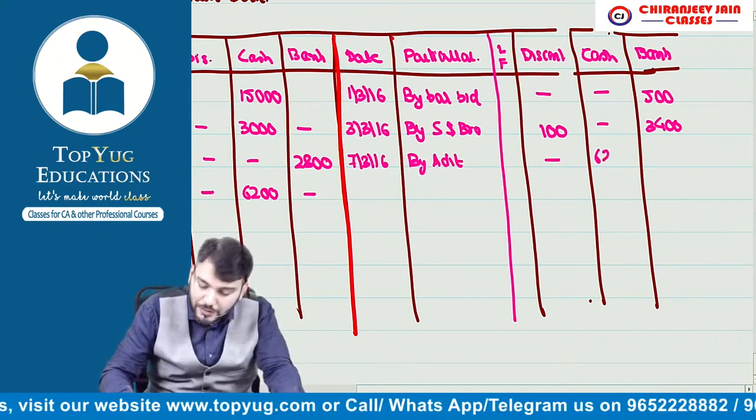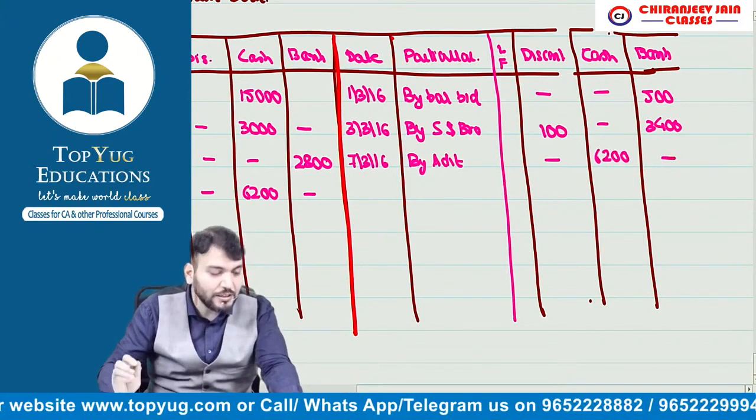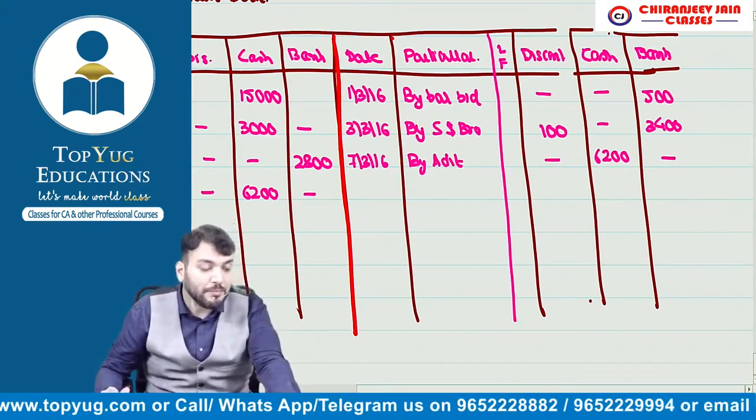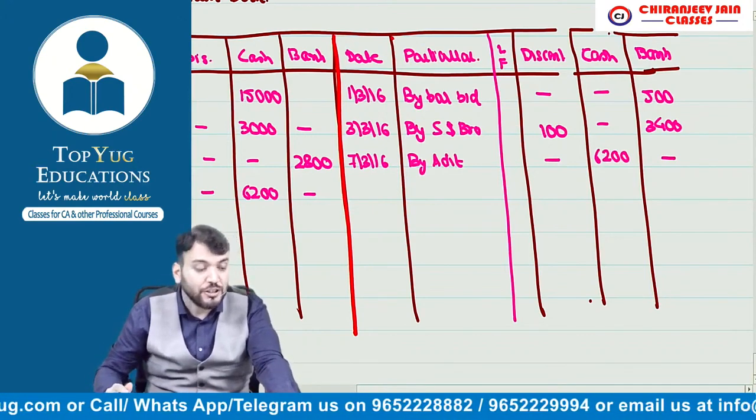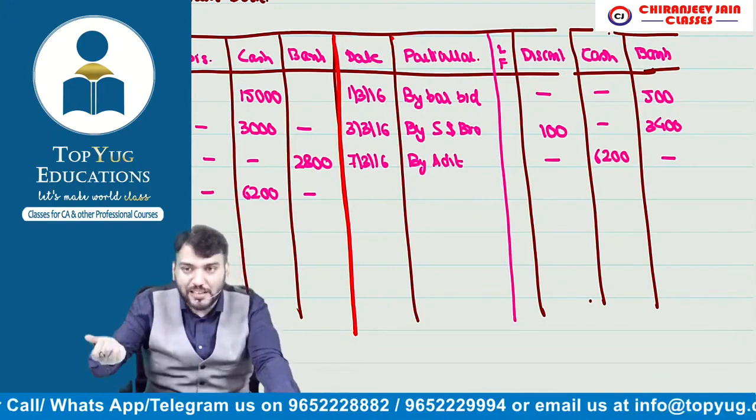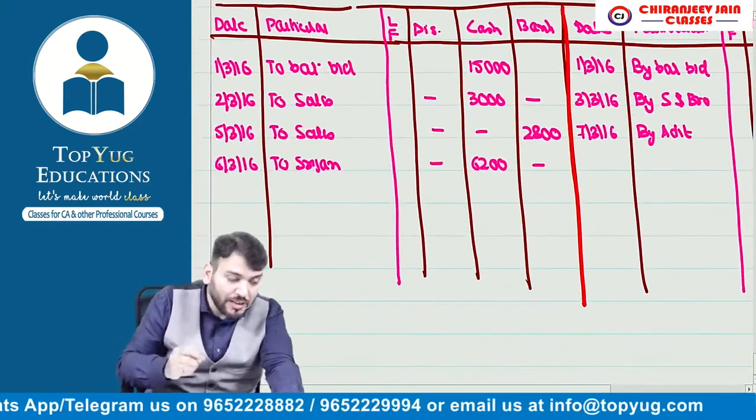6,200, correct, understood. Then point number 9 means 9th March deposited into bank, of course cash deposited into bank, so this is contra entry.